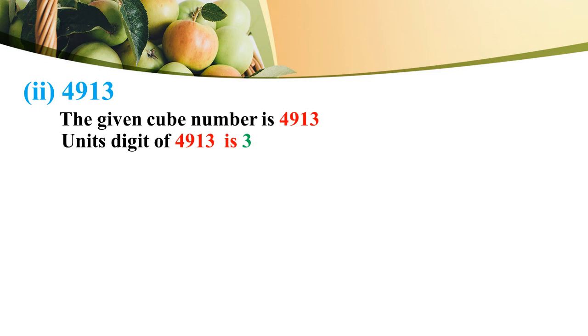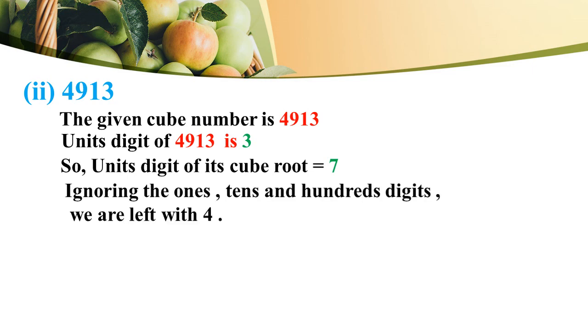Let us see one more example. 4913. The given cube number is 4913. Units digit of 4913 is 3. So, units digit of its cube root is 7. Then, ignoring the ones, tens and hundreds digits, we are left with 4.